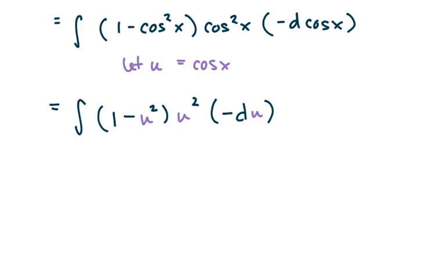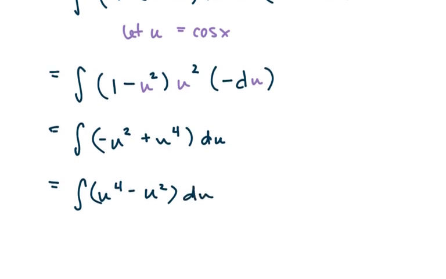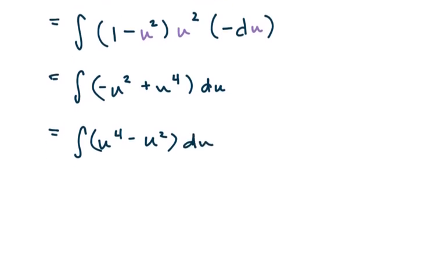So this is something that's pretty easy for us to integrate. I can multiply this out. I can distribute the negative u squared, and this gives me the integral of negative u squared plus, negative and negative is positive, u to the fourth du, or rather the integral of u to the fourth minus u squared du, just by the commutative property.